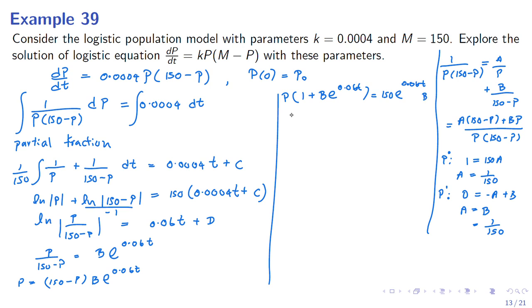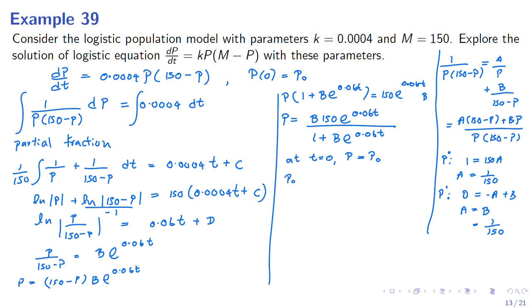Okay, so then we can get p, which is beta times 150 times e to the 0.06 t divided by 1 plus beta e to the 0.06 t. Now we need to find the value of beta using our initial conditions. So at t equals 0, p equals p naught.